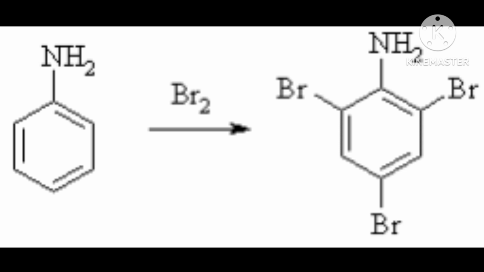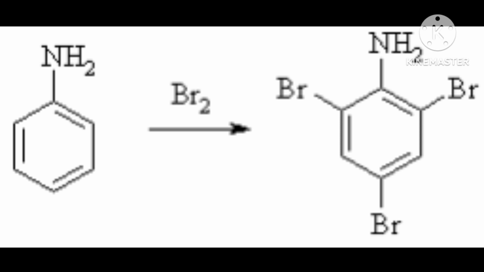Now bromination, under the electrophilic substitution. This type of reaction I have already discussed. The main thing here is that bromine will break. When Br2 breaks, one will be Br plus, other will be Br minus.